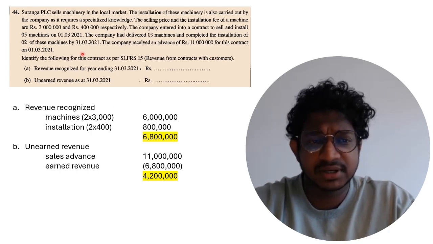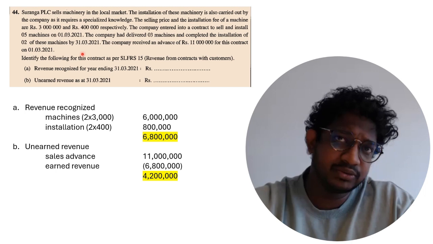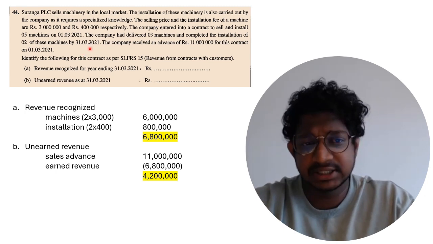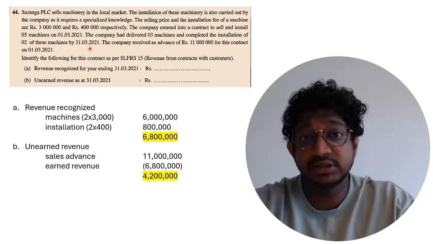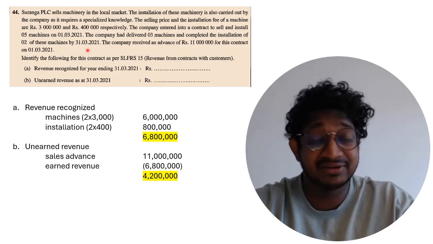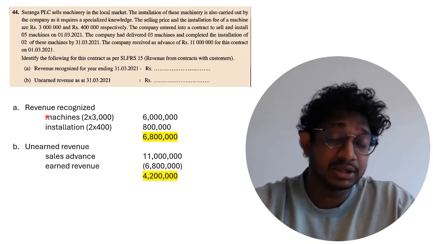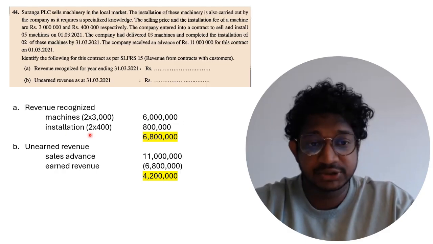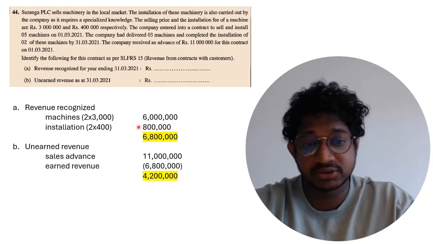As at 31st March 2021, they agreed to sell and install 5 machines, but they only completed 2 machines, right? So you have to identify revenue for only those 2 machines. Machines 2 into 3,600,000 and installation 2 into 400,000, so 800,000.